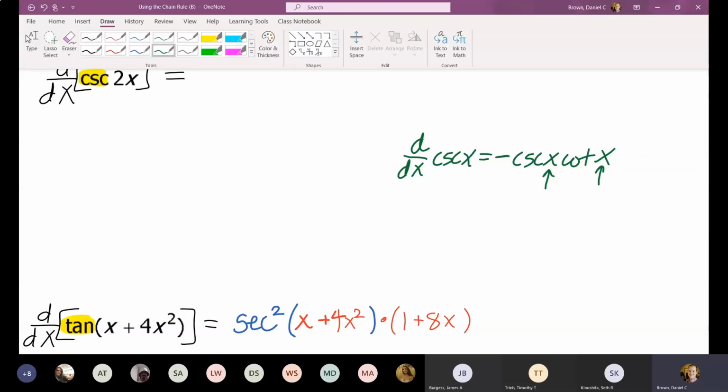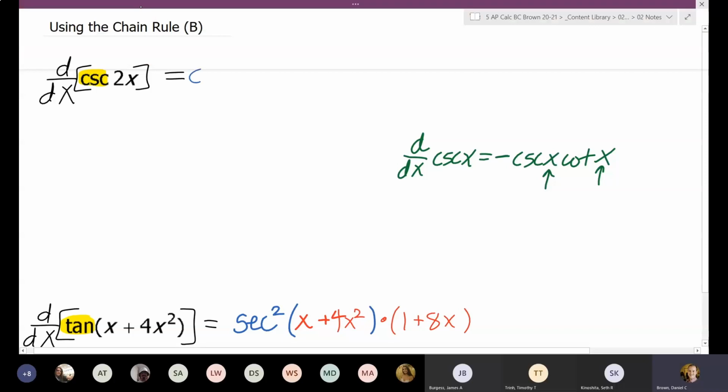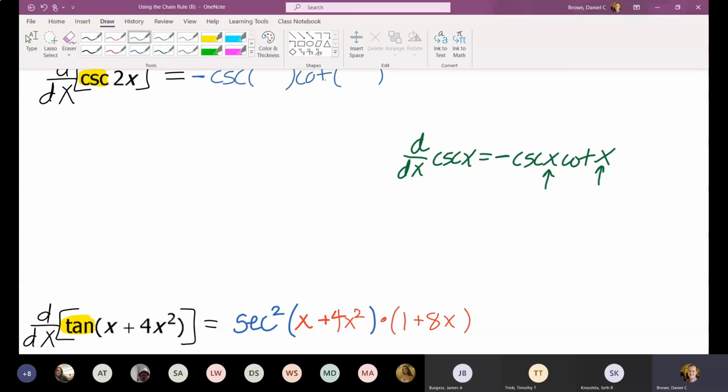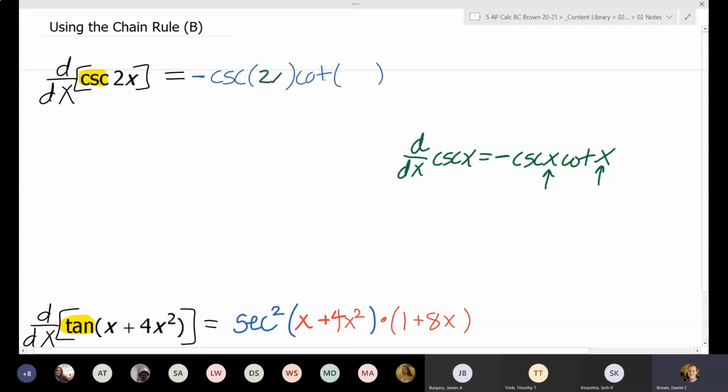So the derivative of the outside is negative cosecant cotangent. That inside is going to be carried across to both of them. And then you multiply by the derivative of the inside, and the derivative of the inside is 2. So your derivative for this one becomes negative 2 cosecant of 2x cotangent of 2x.